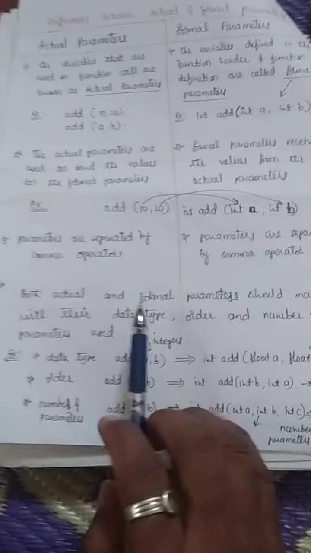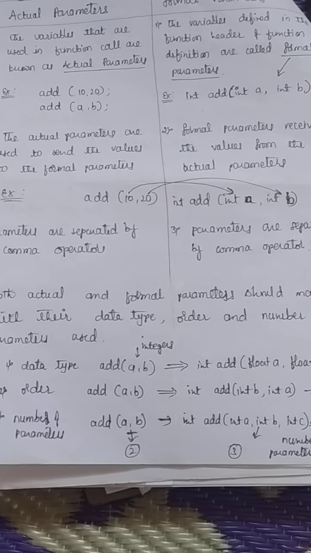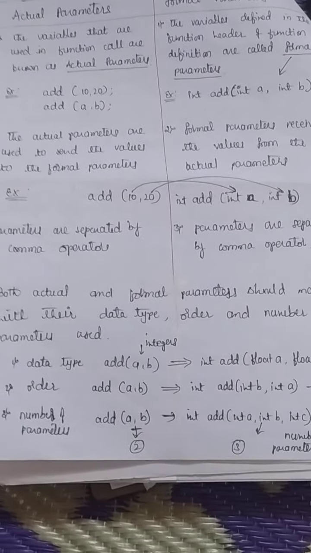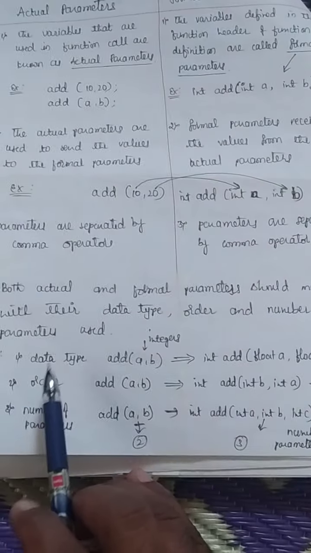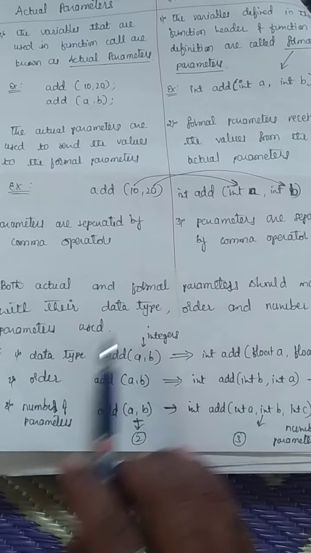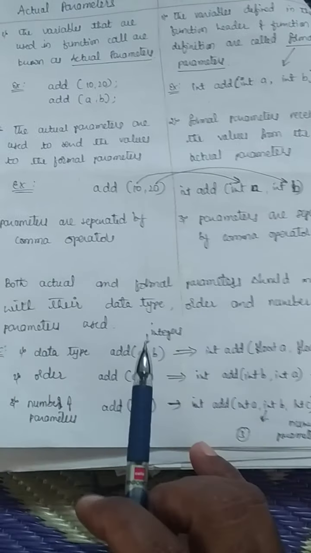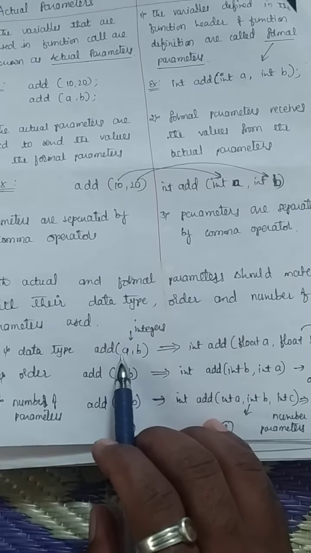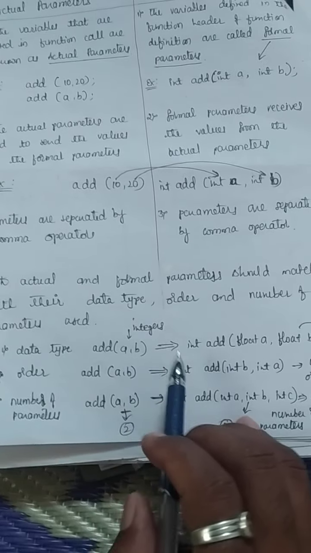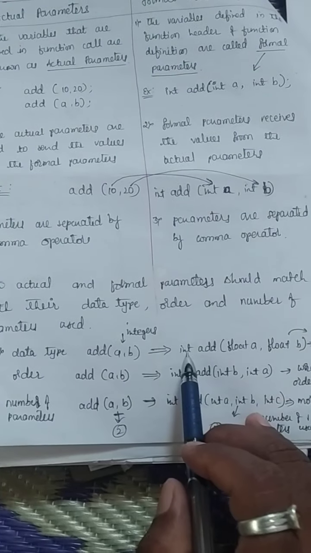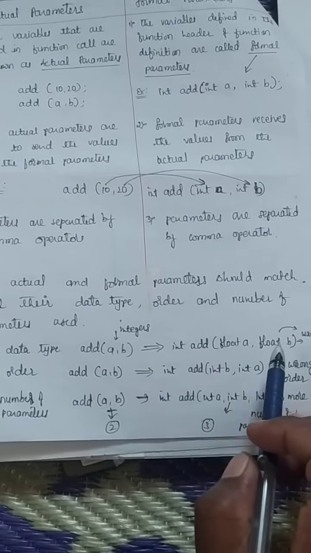So here both actual and formal parameters should match with their data type. What is that? Here the first example says data type. So we are taking this one, how it is going to match. Observe here, add a comma b is there. If I come to the formal parameters, int add float a float b.